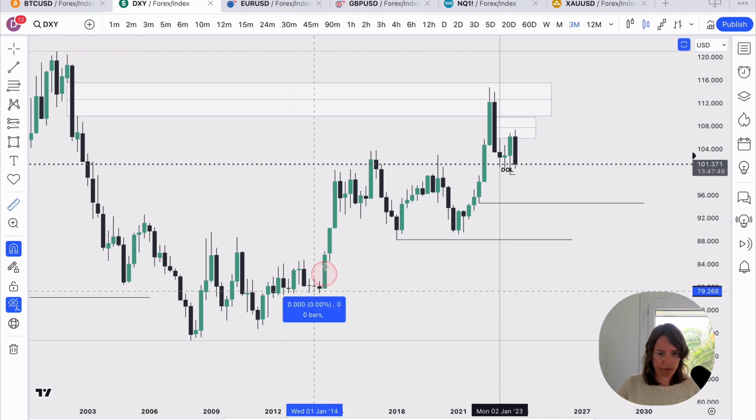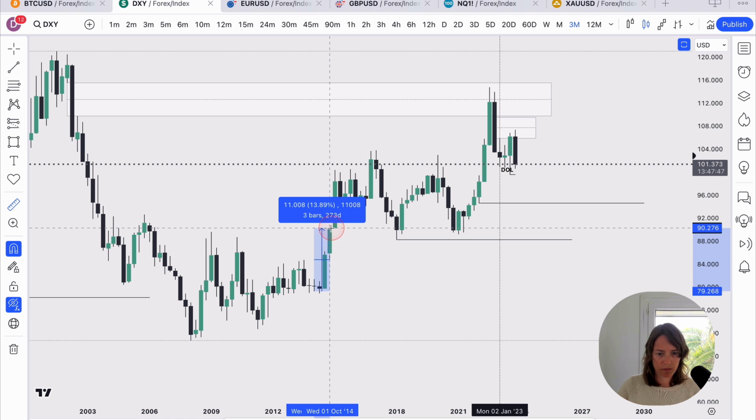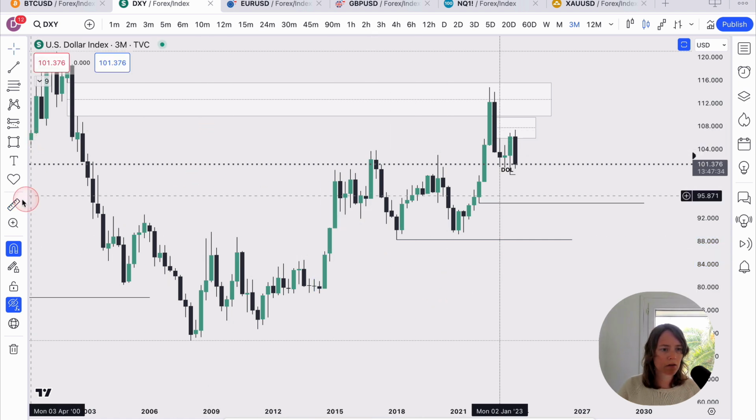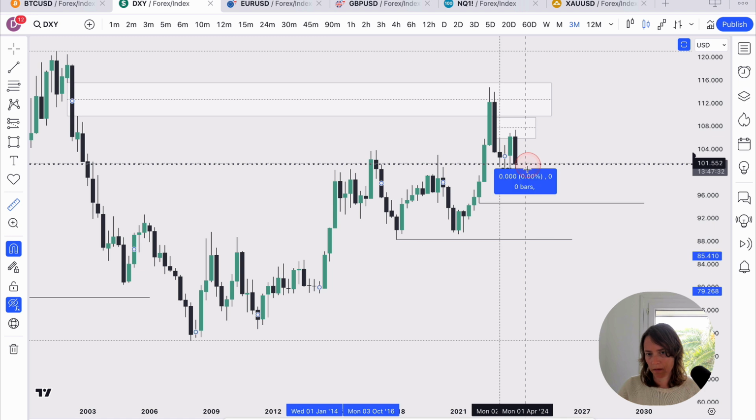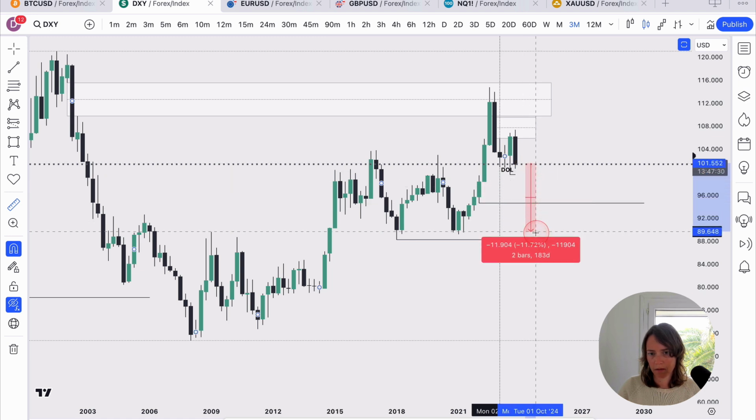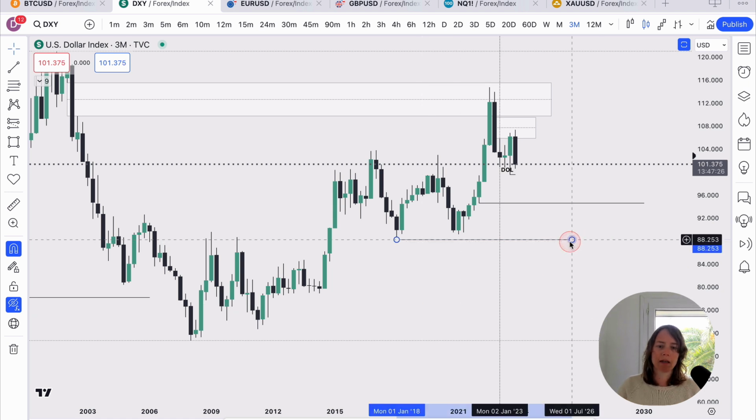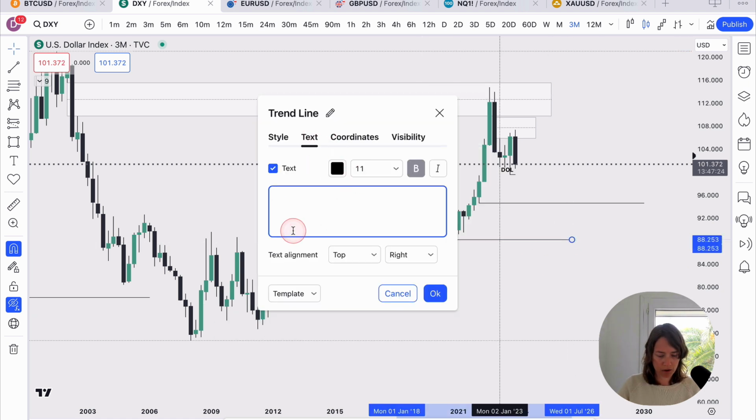This was 2014 to this candle. So this is, let me see, 13%. So what if it would go down, something like that? Well, it's possible. Maybe this is the yearly draw. Let's just put it on the charts.